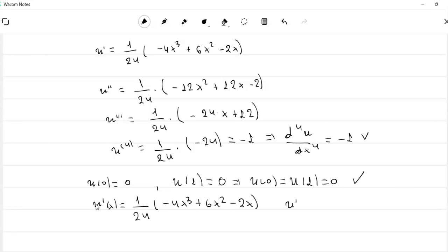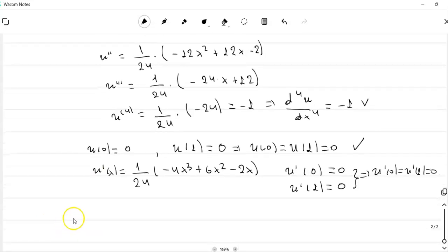For x equal to 0, this gives me 0. And for x equal to 1, this gives me 0. So from here, u prime of 0 equals u prime of 1 equals 0. So my homogeneous Neumann boundary conditions are satisfied.